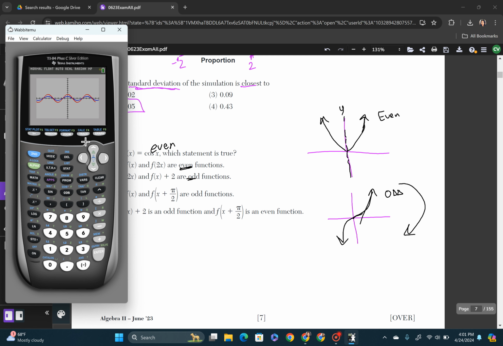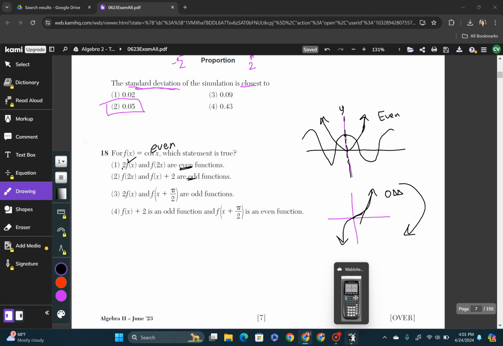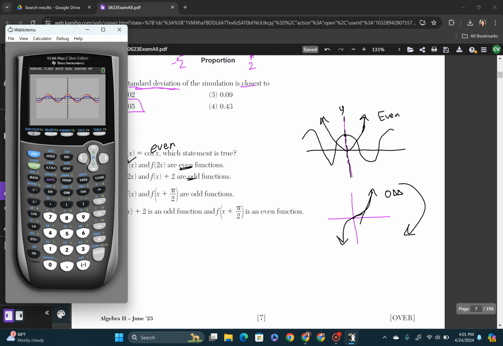So all that's happening is it's still going to look like this. Let's see if I could draw that better. It's just going to go like this, right? Still symmetrical. So this is even. And then if I go to my function again, and I go down to my y3, let me put in f of 2x, right?